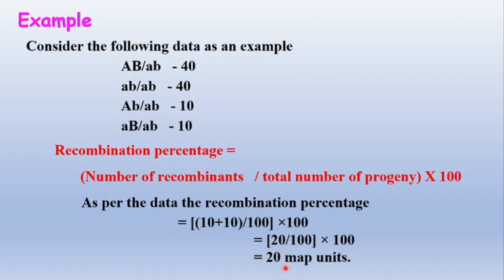Finally, we will get 20 map units as the final result of this calculation. So, this 20 percent of recombination is nothing but the 20 map units of A and B.